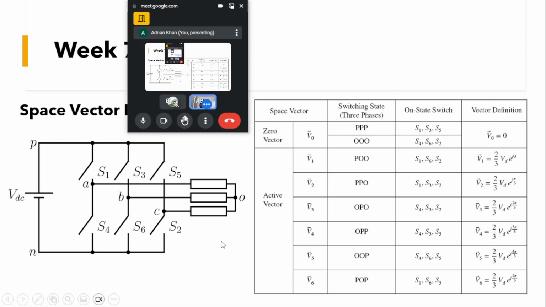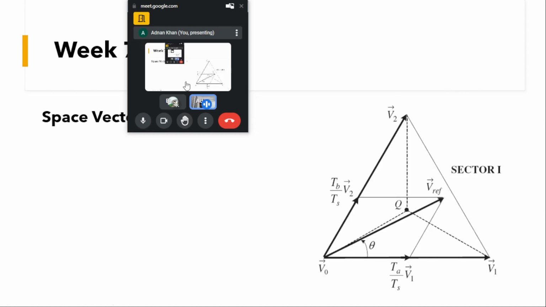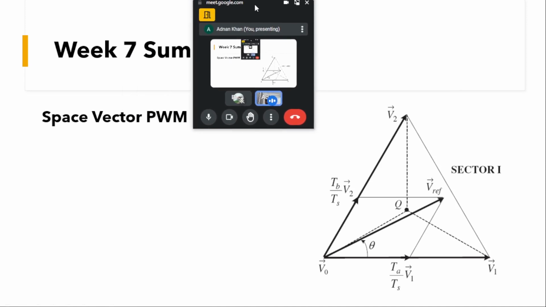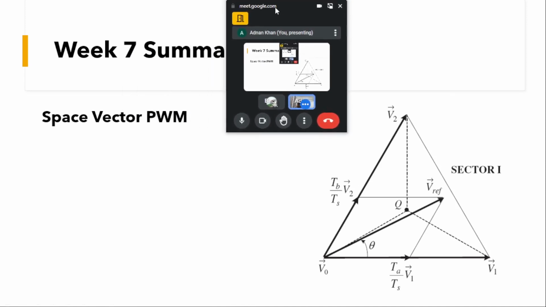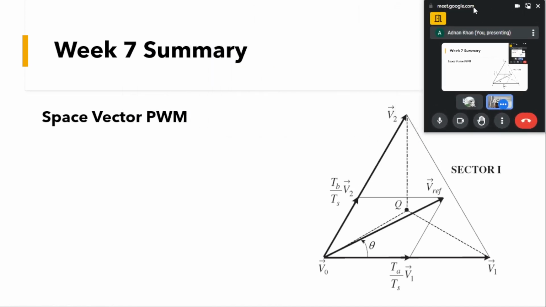Now coming to the part of how we are going to attain these positions. Here I have taken an example of sector 1. Now I want to have the resultant vector, this vref, at any position other than that of this v1 and v2.